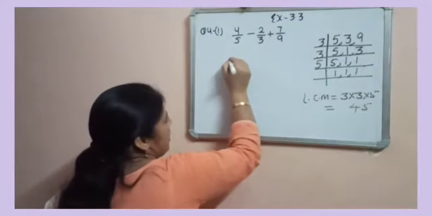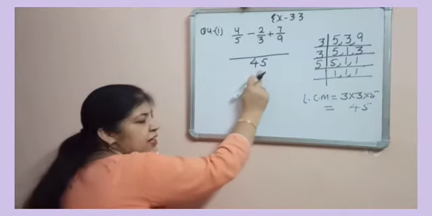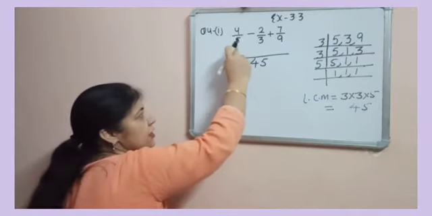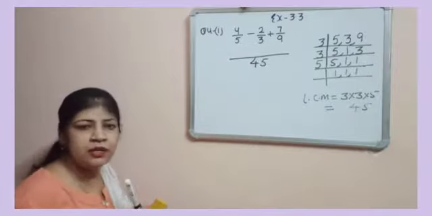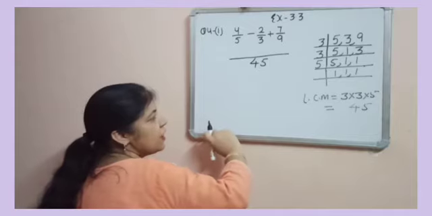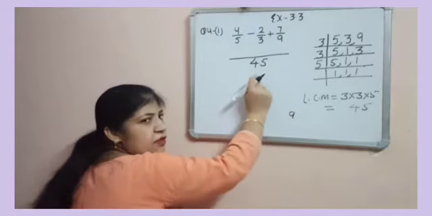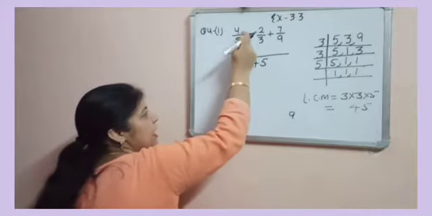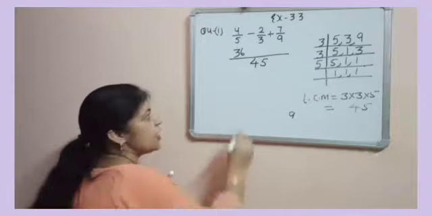Now the further step, you know very well. Divide the LCM by the denominator. So divide 45 by 5. You will get 9, and multiply 9 by 4. You will get 36.